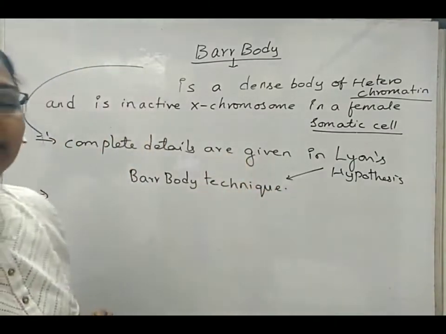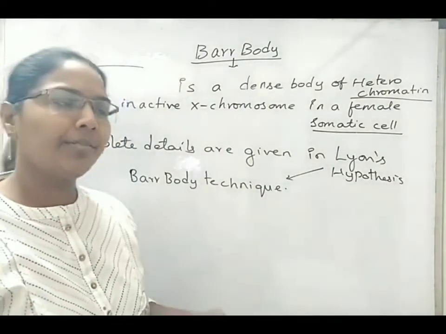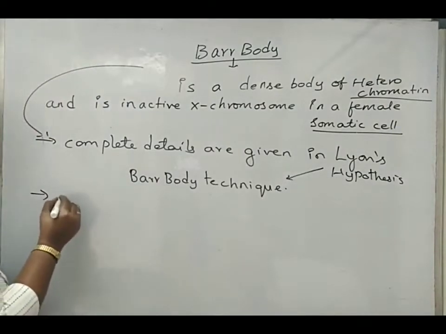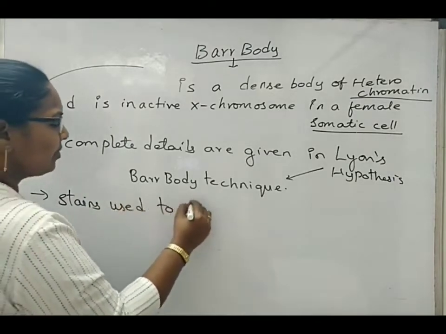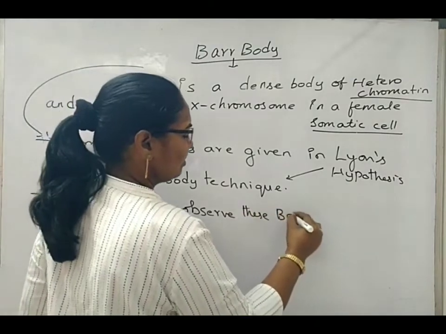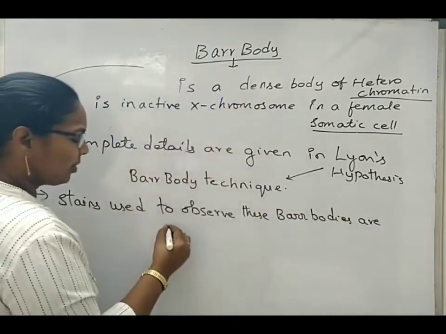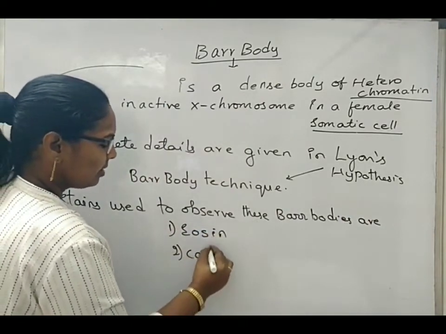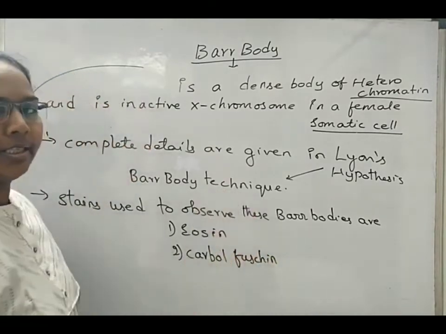Now, these Barr bodies can be observed as dense stained substances when we add different types of stains. We will see just one or two examples of stains used to observe these Barr bodies. One example is eosin. Another example is carbol fuchsin.